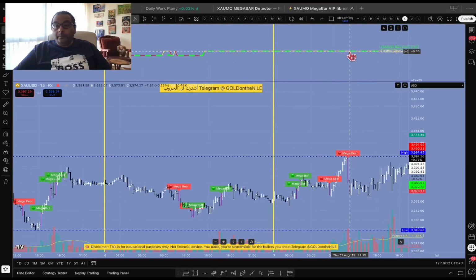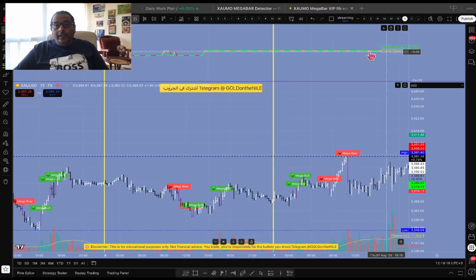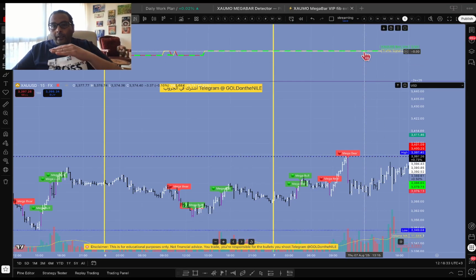The bias now is bullish, it's green, and the traffic light says to me, wait. The bias is from -2 to 2. -2 is too bearish, +2 is bullish. 0 is neutral, where everything is in equilibrium.